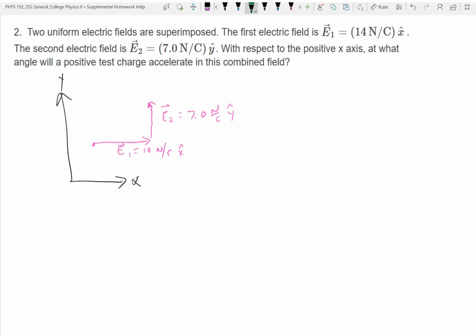Now, if I put a positive charge, because it says a positive test charge, so if I put a positive charge here, what direction is the force going to be? Where it says Q. Okay.